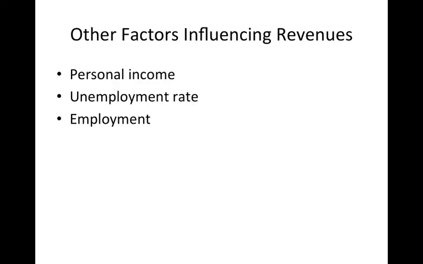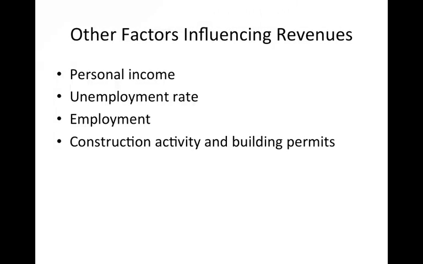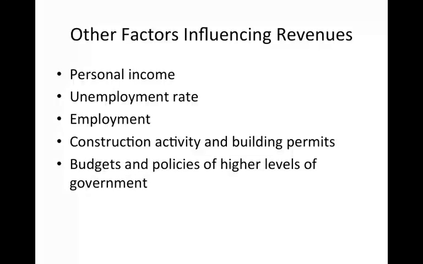The flip side of that then is employment. Looking at employment numbers for a government over time will give you a sense of whether the economy is healthy and growing or not. Construction activity and building permits, if that's rising, that is going to lead to growth in property values, which will lead to growth in property tax revenues.